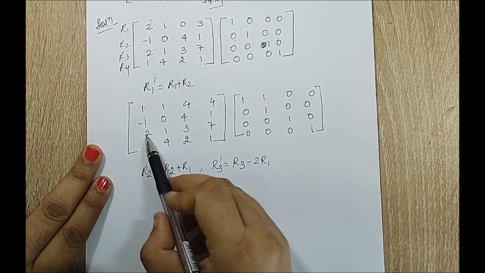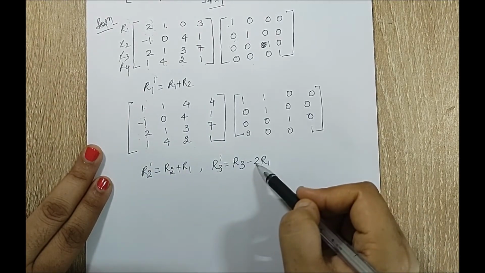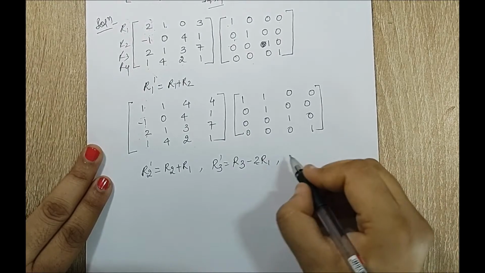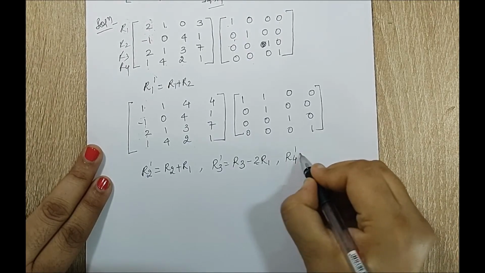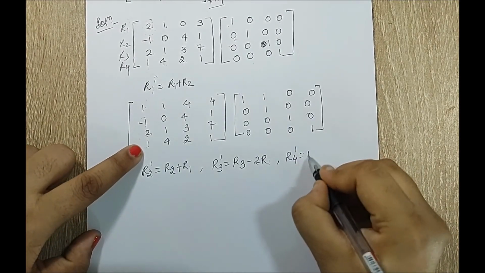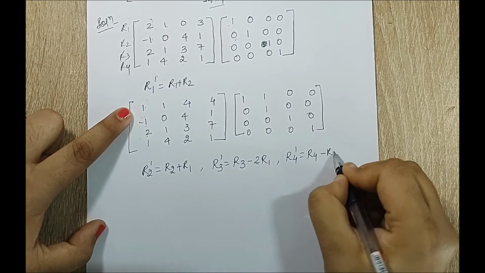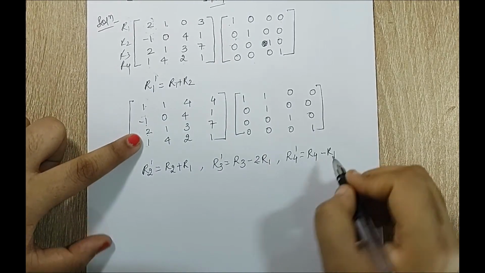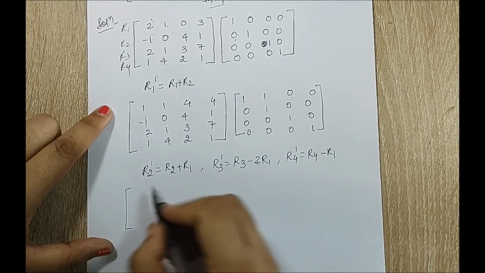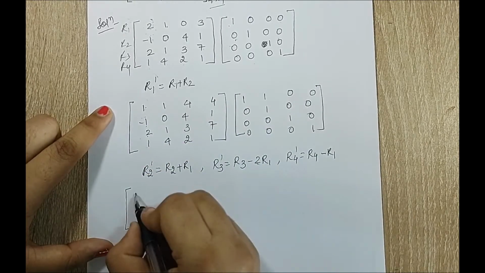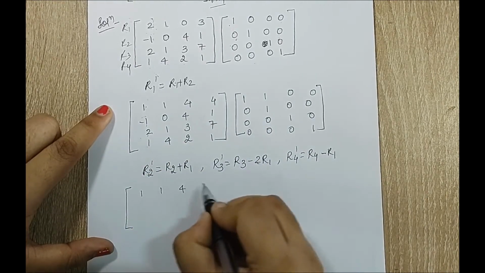Please observe, it is 2 minus 2 because of this operation. It becomes 0. And lastly, R4 dash. This number will be R4 minus R1 because it is 1 minus 1, 0. So I get the result as the first row will remain the same, 1, 1, 4, 4.